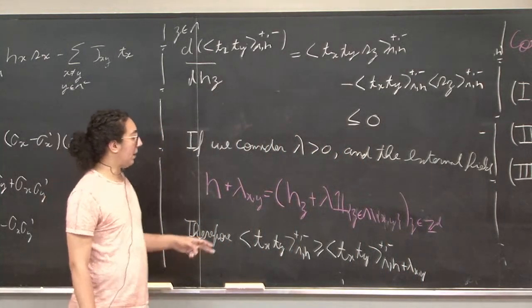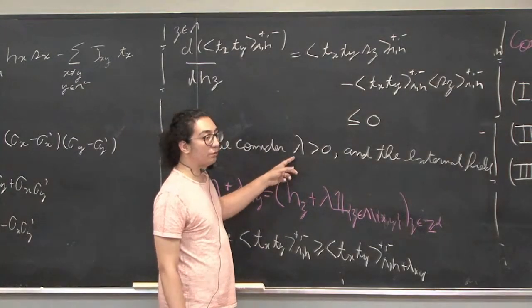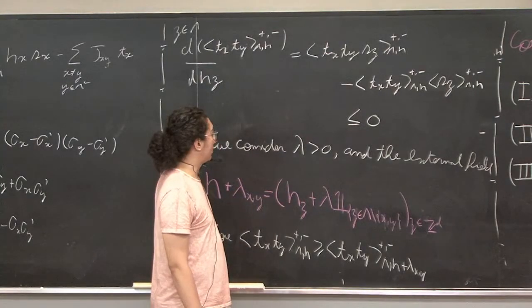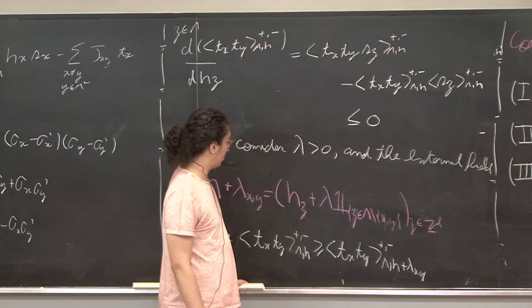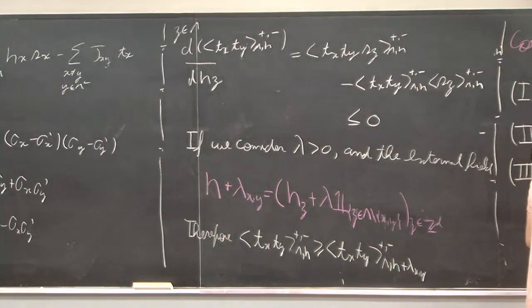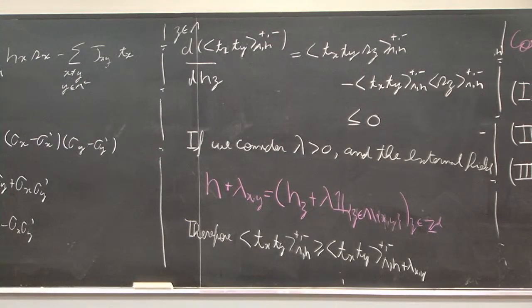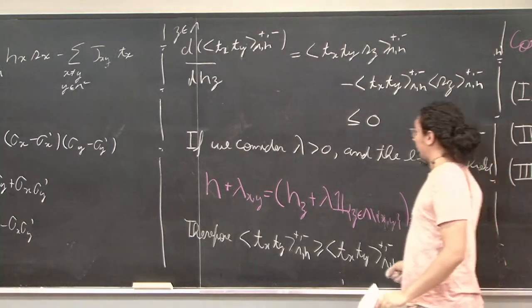So we have this upper bound, and the idea now is to take the limit when this lambda goes to infinity. That's the goal. Okay, let me leave this here. Maybe we can erase this. So now our goal is to compute this limit.